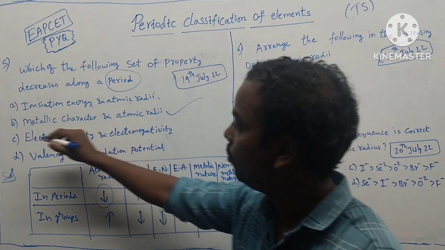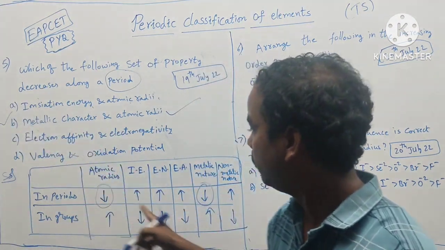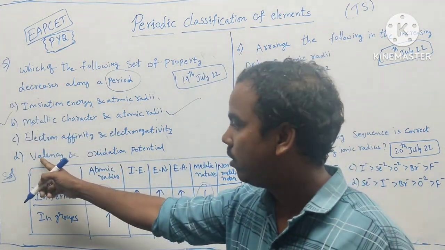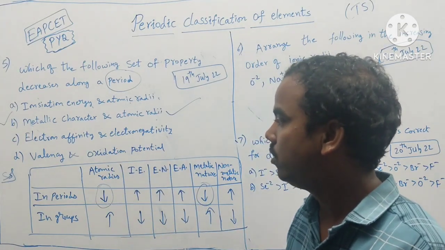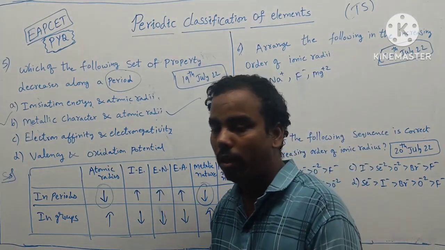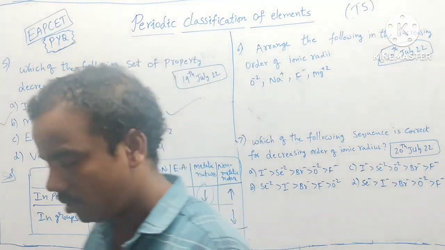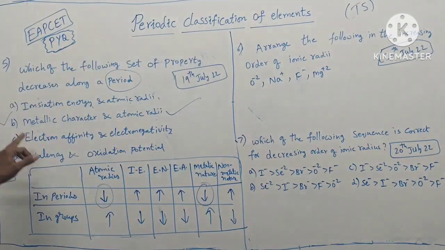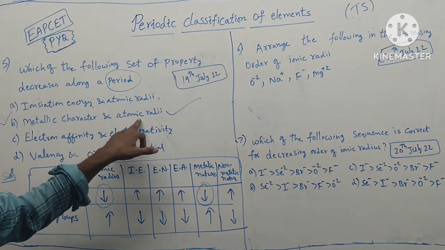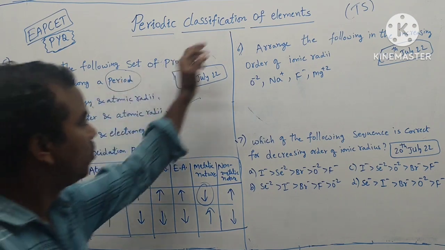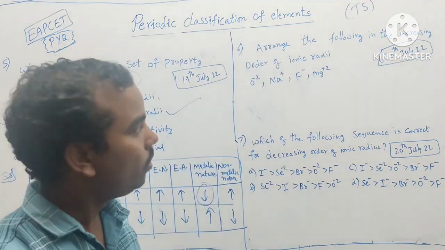So answer B. Electron affinity increases, so wrong. Valency and oxidation potential, reduction potential are a separate concept. So the answer is that metallic character decreases and atomic radius also decreases. So option B.